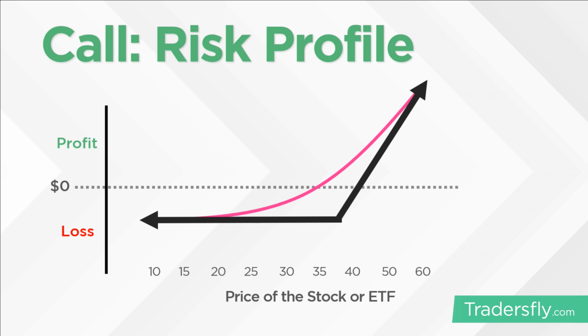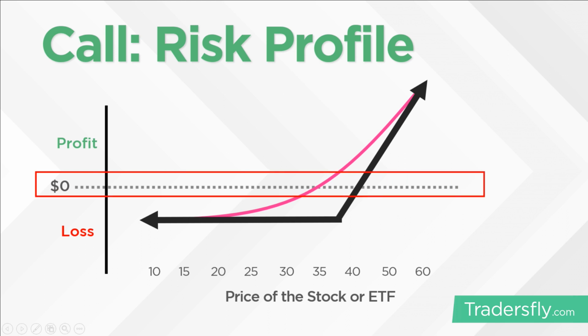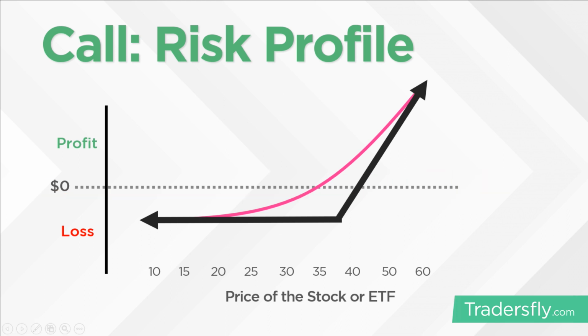So I'm going to point out a couple of quick things here for you. When you look at this diagram, we have the profit at the top on the left side, and then you have the loss, anything below this 0 line. Now, this black line right here is at expiration, because remember, option contracts have time value.